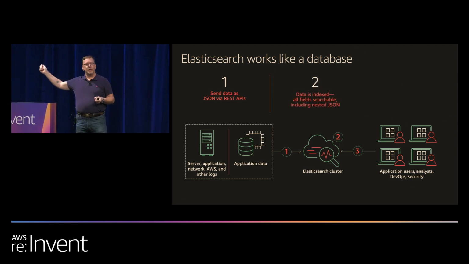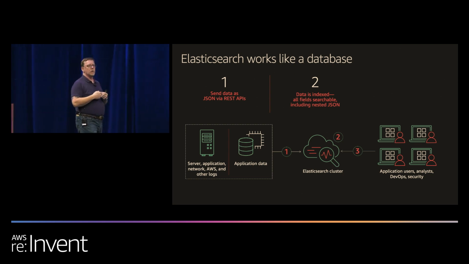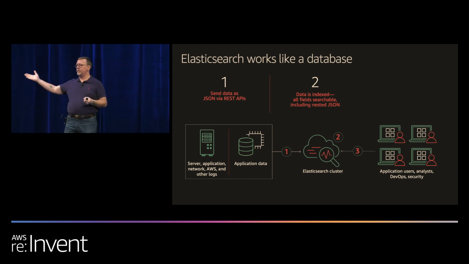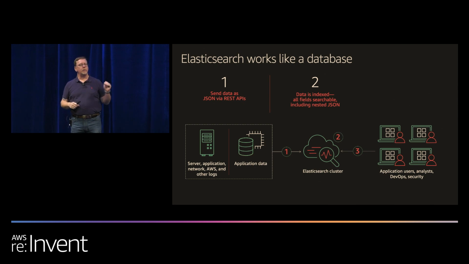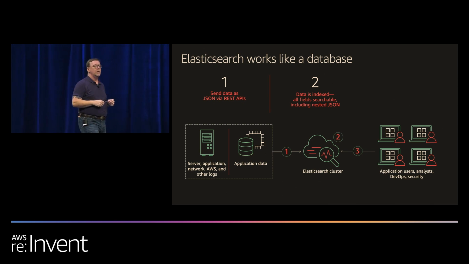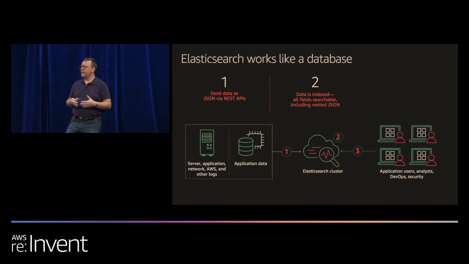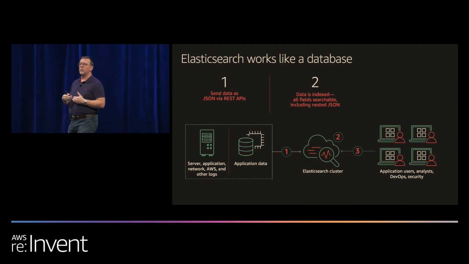You send that data in JSON to Elasticsearch. When you use Elasticsearch, it has a REST API that you send a REST call to, to send your data in. Elasticsearch then indexes all of the JSON that you send to it. Every field that you send in has an index associated with it, making that field queryable.